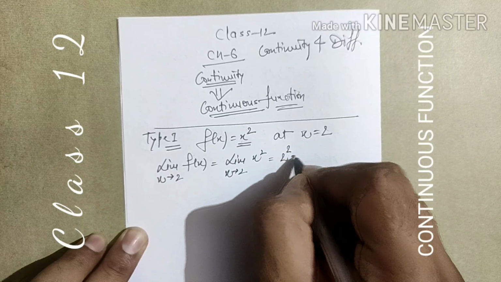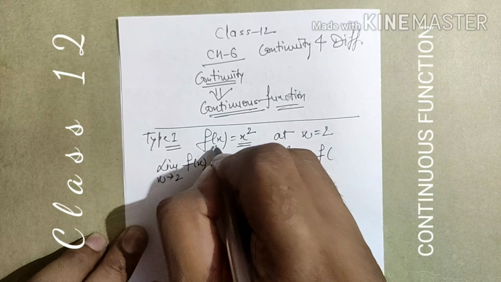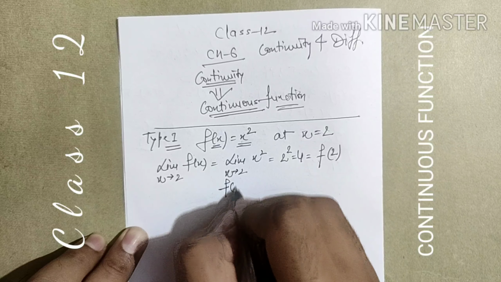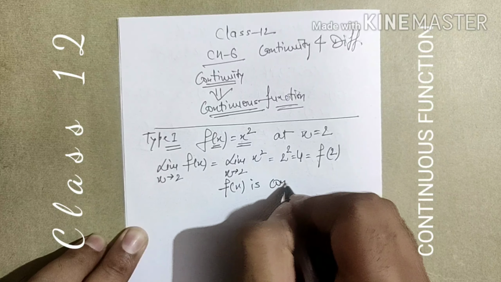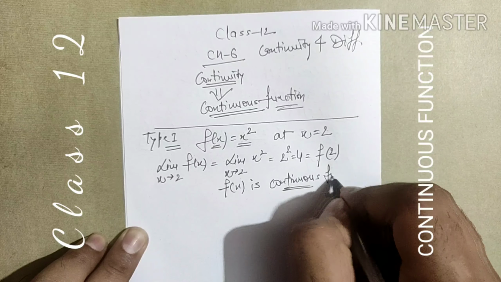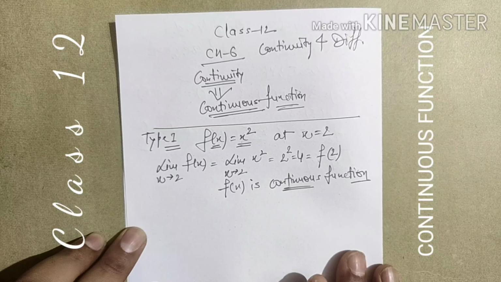If we replace x by 2, we get 4. If it is the same as if we put the value directly in the original function, then the function is called a continuous function. This is the first type of function.